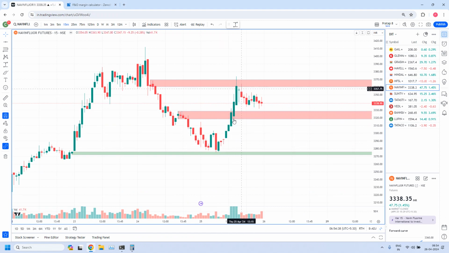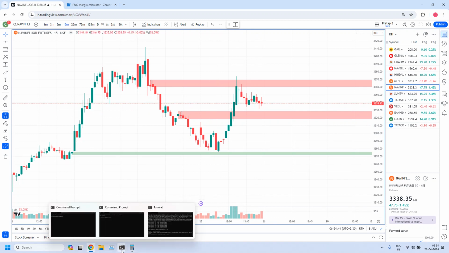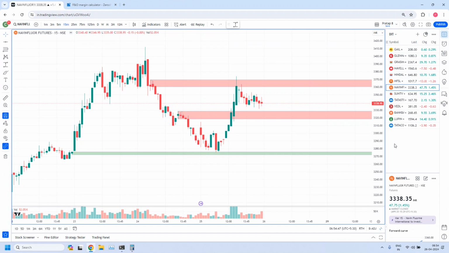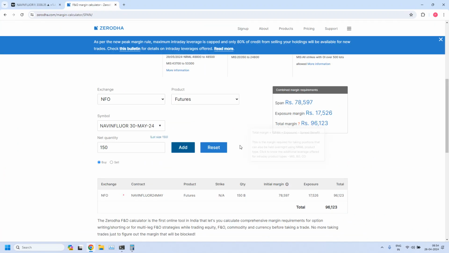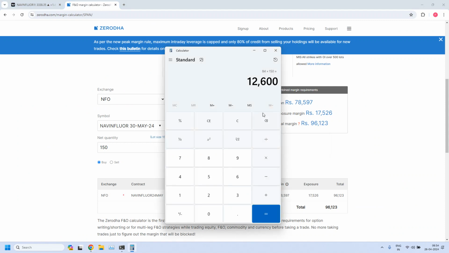After that, as the price moved up, the margin cost also increased. So let us say the margin cost could be around 95,000. Rough value we are calculating. So 12,600 into 100 divided by 95,000. Could be even less also, but okay. You got 13% profit.